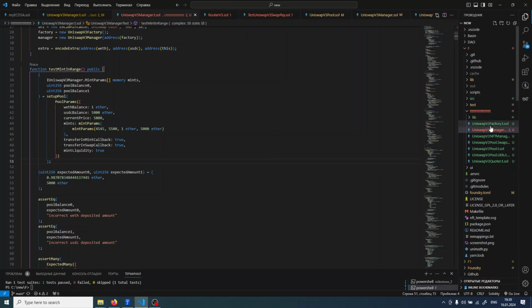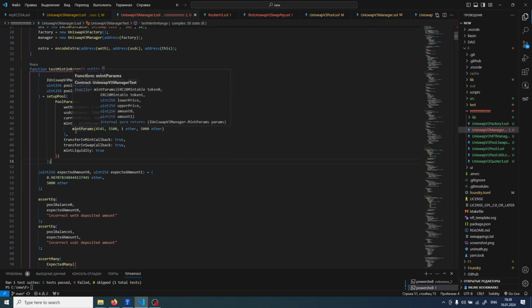So in the book we have the Uniswap V3 manager, and from this test smart contract we interact with our manager contract and then mint liquidity.